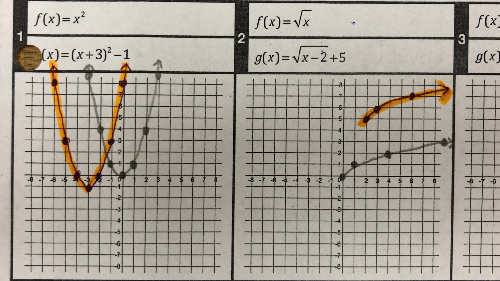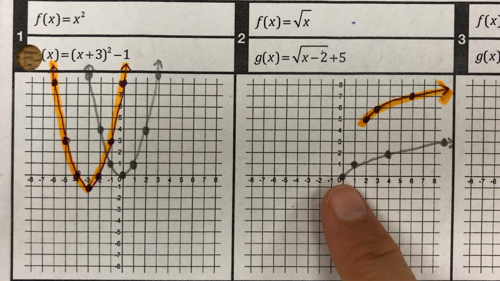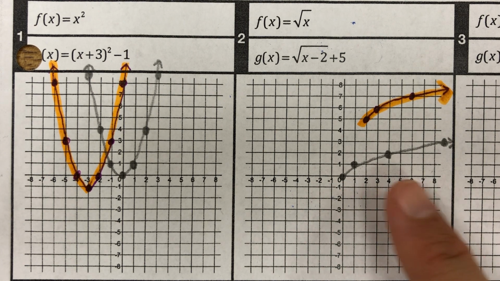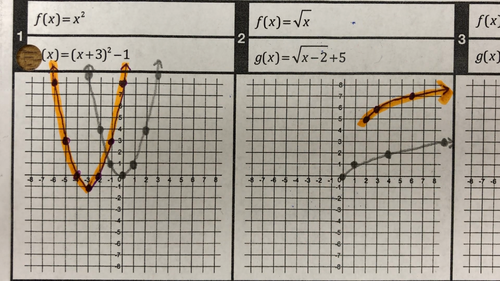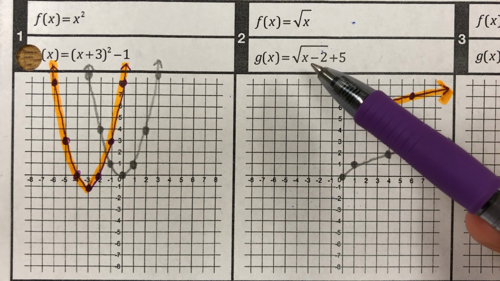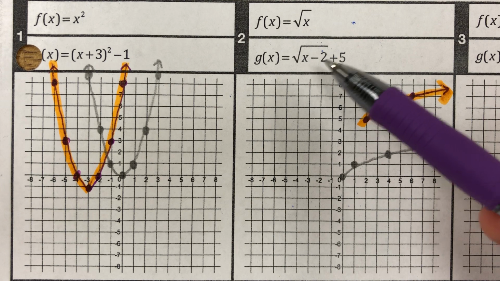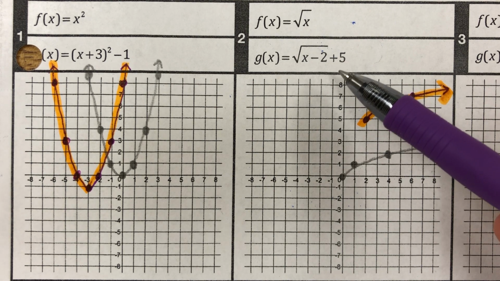And I know that because if I plug in any of these input values into my equation, I will get those output values there. So that's graphing using the parent function and anchor points. We transform them using left and right movements and up and down with C values that are inside the grouping symbols and D values that are outside.